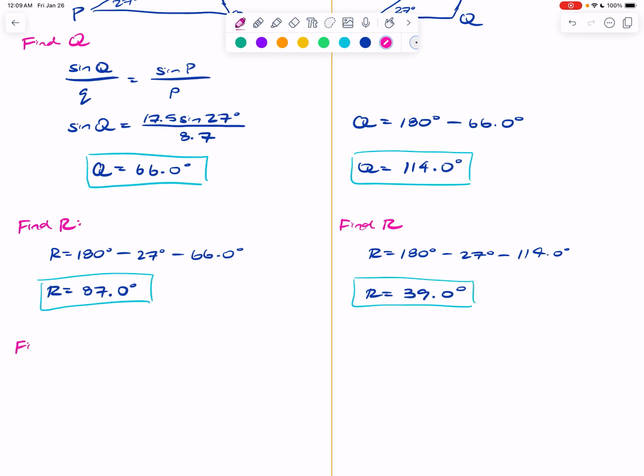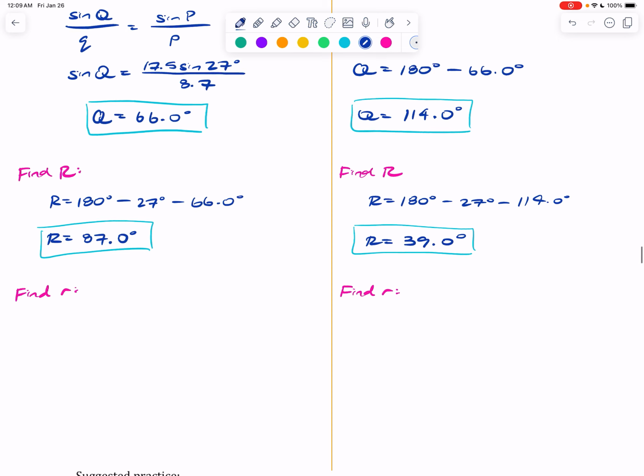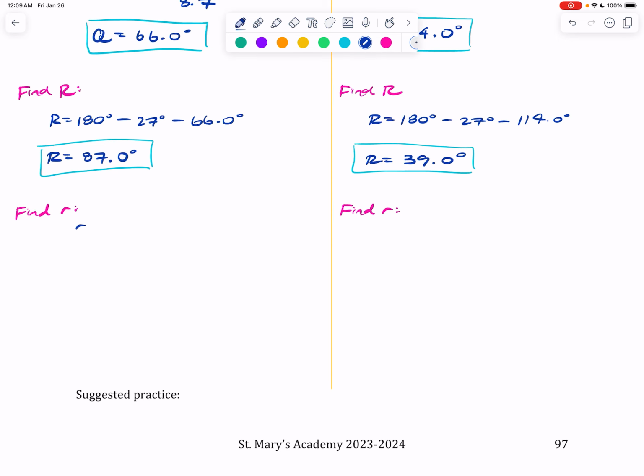And lastly, we're going to find that last missing side. Remember, for this one, technique same. So back to sine law. What do we have?